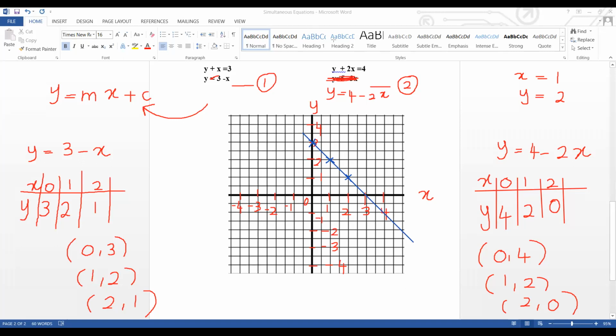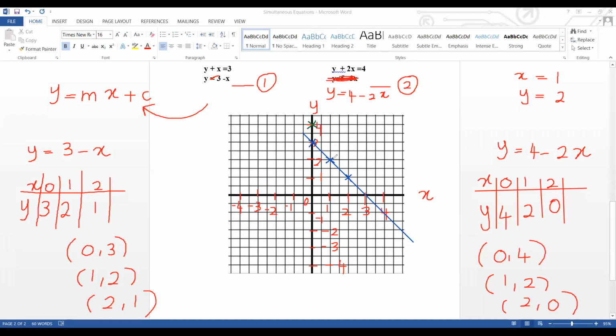So I will change the color. Then you can see, right, I'll take green color. Okay. Now for the second one, 0, 4, that's my first value. 0, 4, okay, here.